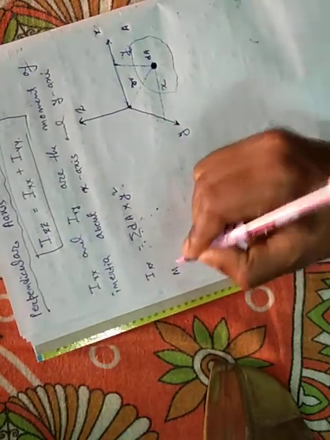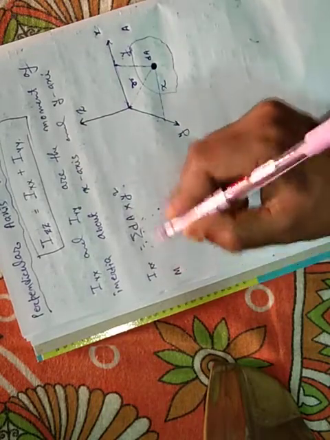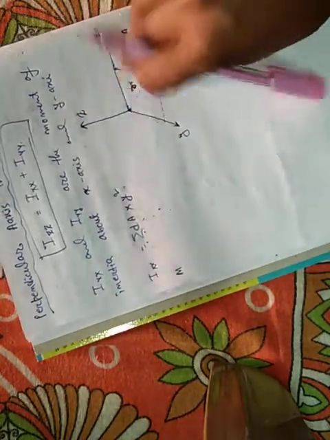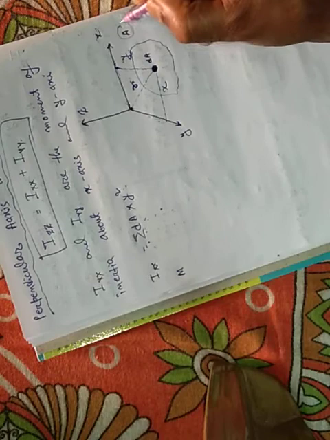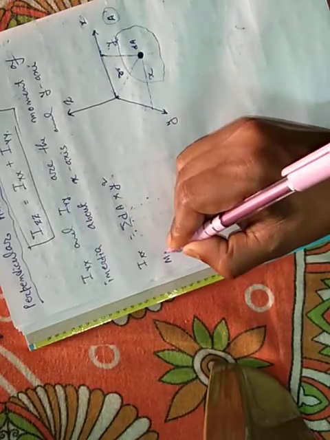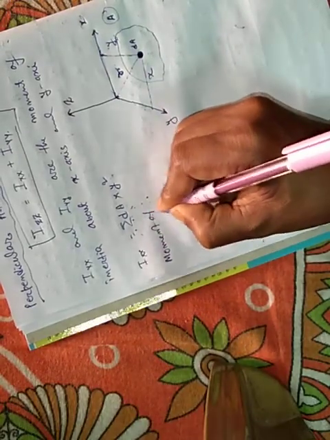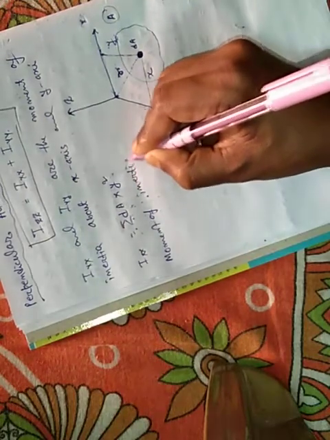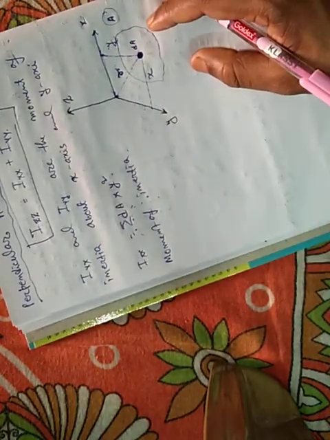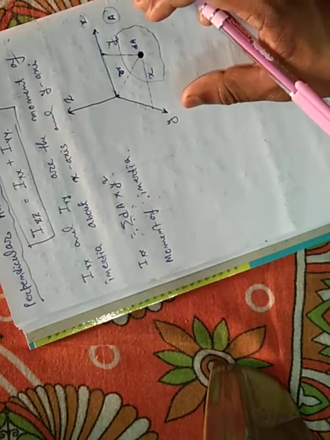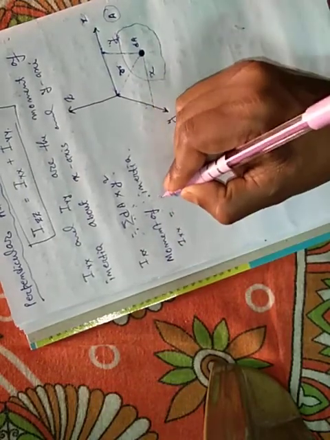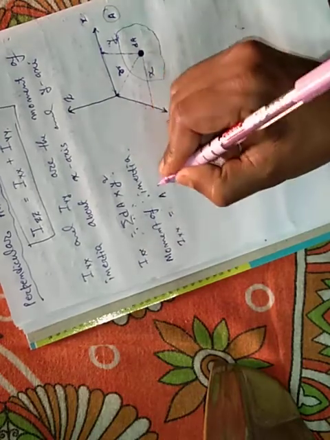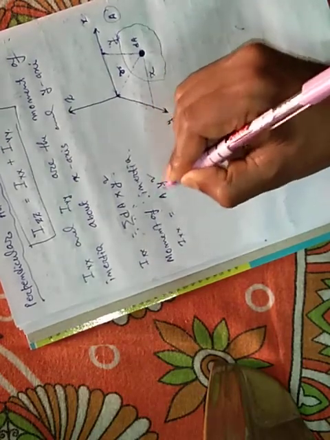So if I consider the total area A, then the moment of inertia of this lamina will be Ixx equals area into perpendicular distance square, right?